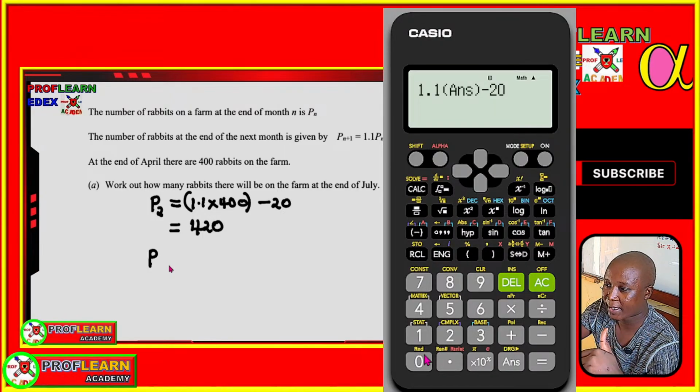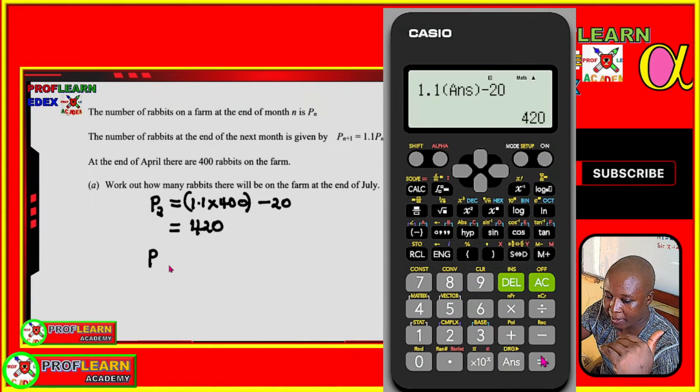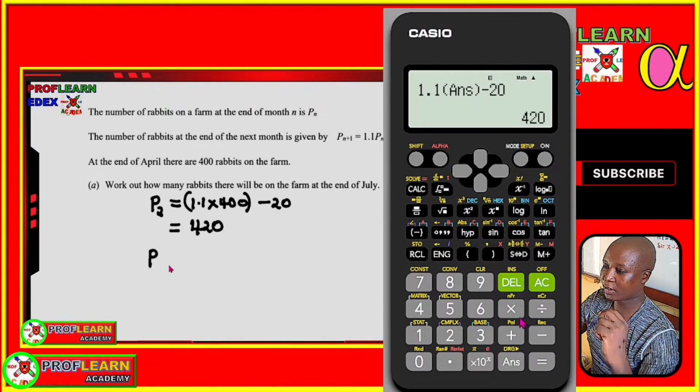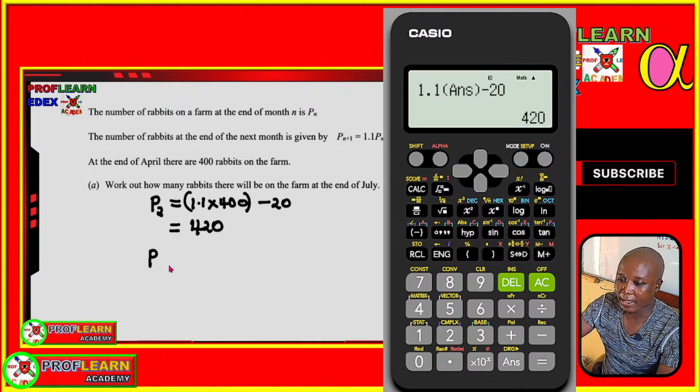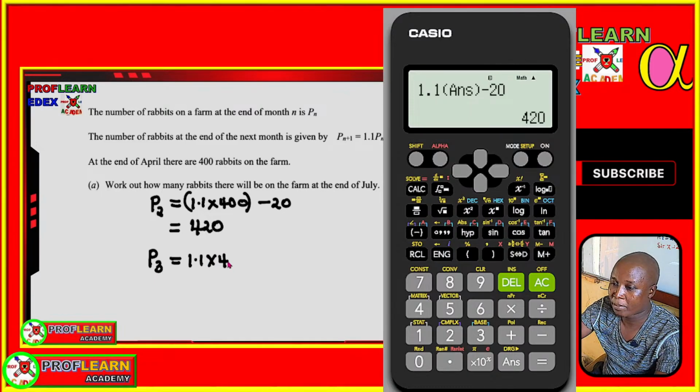So in order to get the next part, we instruct our calculator: 1.1 answer minus 20. If we press the equal sign, we are going to get 420. Because this 420 is going to be used in the next part, we say 1.1 into bracket 420 minus 20.